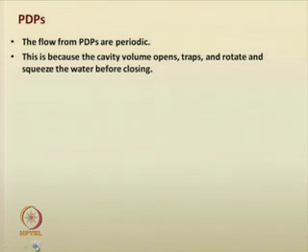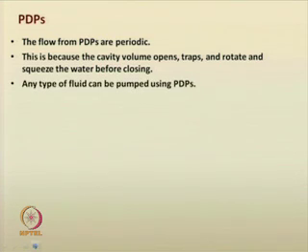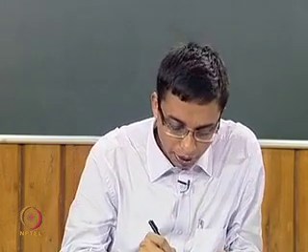This is because the cavity volume opens, traps, rotates and squeezes the water before closing. In this mechanism, any type of fluid can be used for pumping, whether it is a low viscosity liquid, a high viscosity liquid, or even sludges in environmental applications.